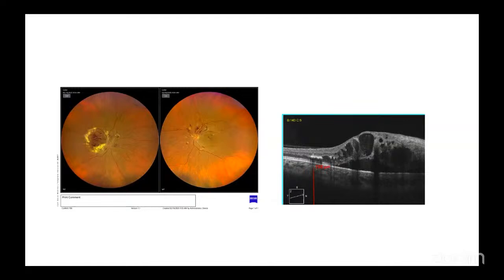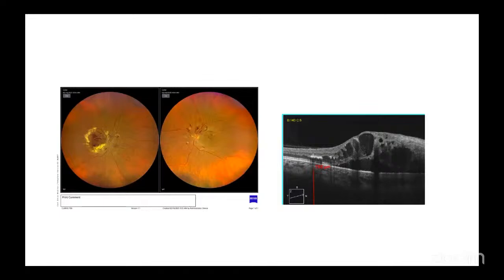It looks more like a non-proliferative fundus picture, isn't it? We are not able to see any new vessel on the disc or elsewhere. So it goes more for non-proliferative.